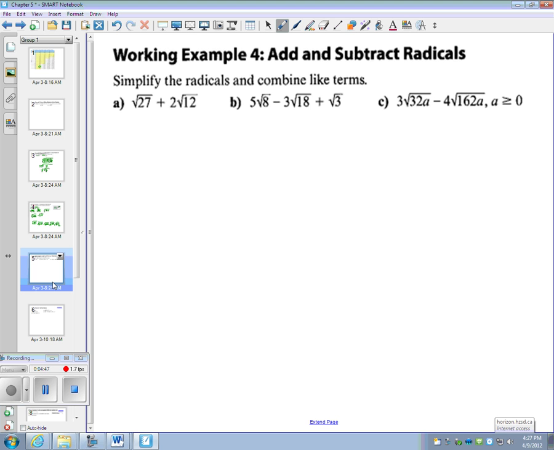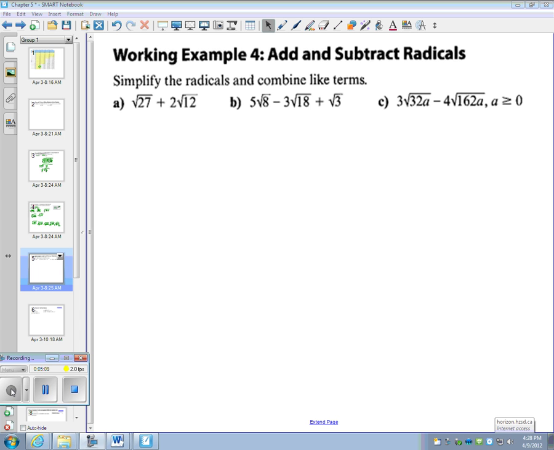We're going to add and subtract radicals. So we can only combine like terms if we have like radicals. If they have the same thing under the square root sign, or the same radicand, that's how to say that. So what we're going to do is simplify and see if we can actually combine them.